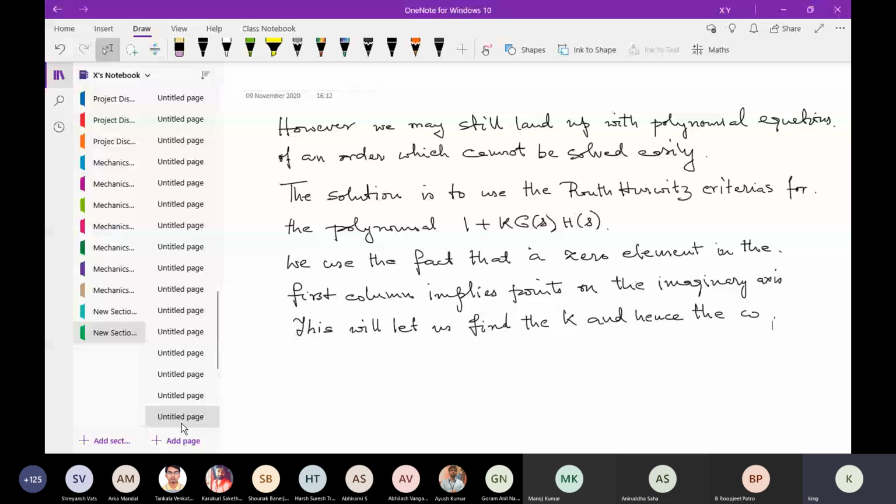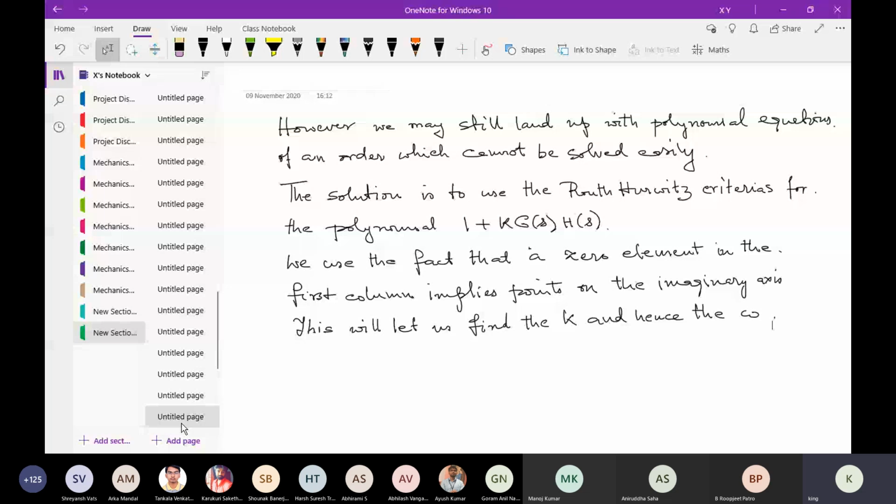When a row of the array becomes equal to 0, it implies an imaginary root.